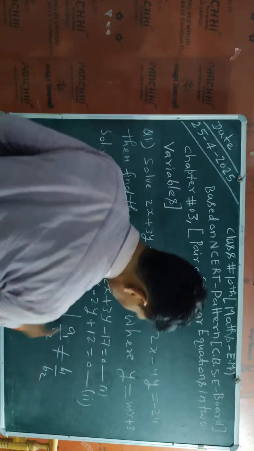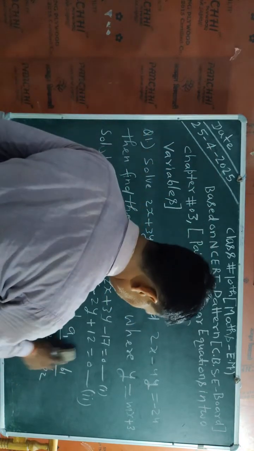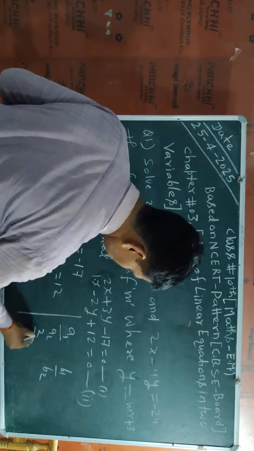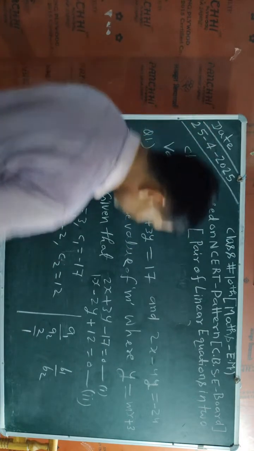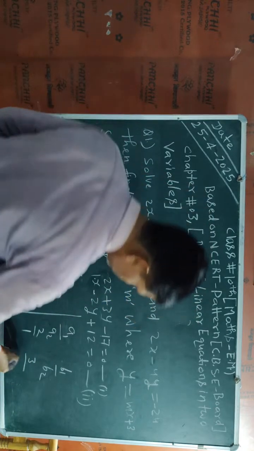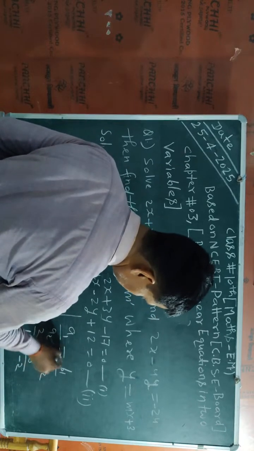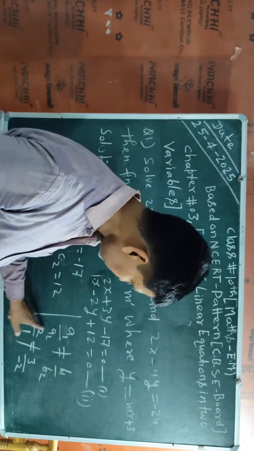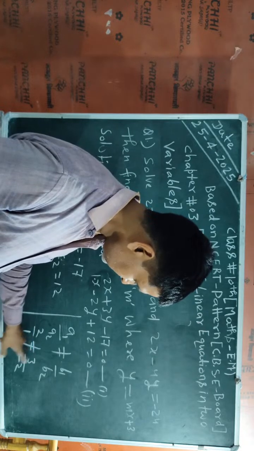Okay students, here I will check whether a1 divided by a2 is not equal to b1 divided by b2. Putting in the values, a1 divided by a2 is 2 divided by 1, and b1 divided by b2 is 3 divided by minus 2.